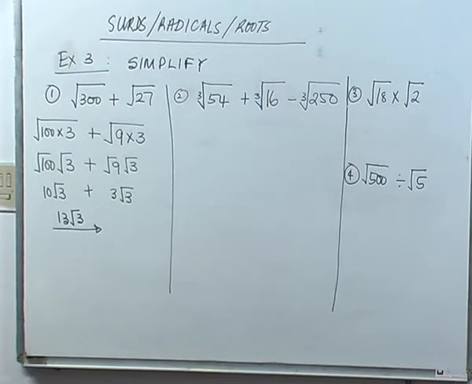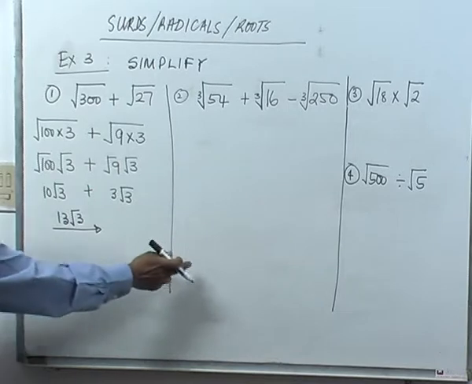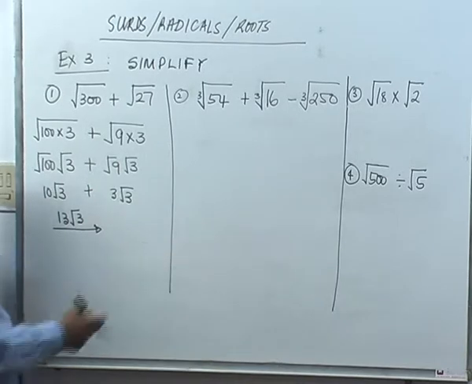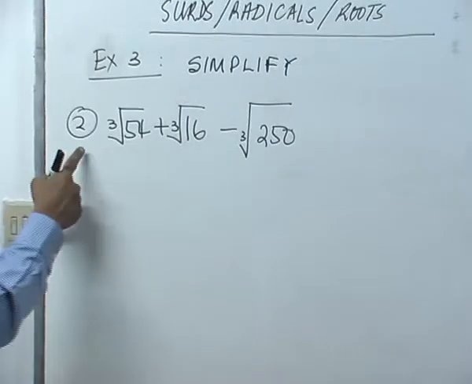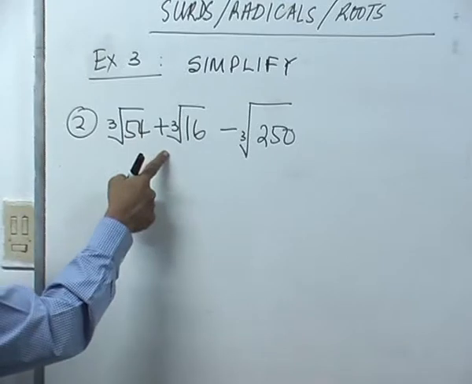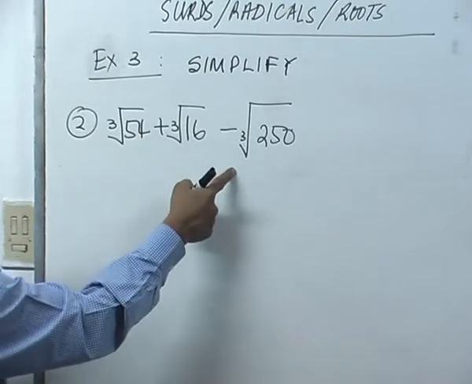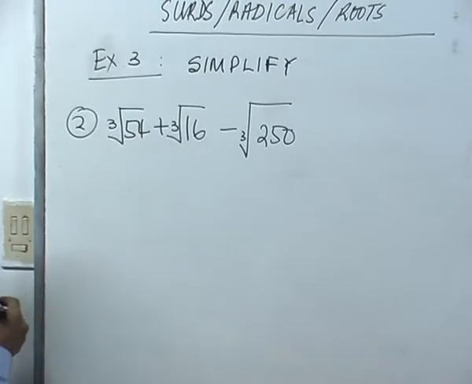Okay, now let's move on to number 2. Now we look at number 2. Cube root of 54 plus cube root of 16 minus cube root of 250.